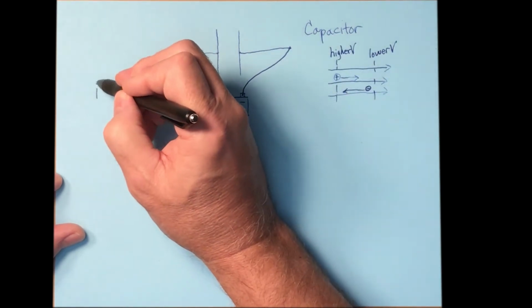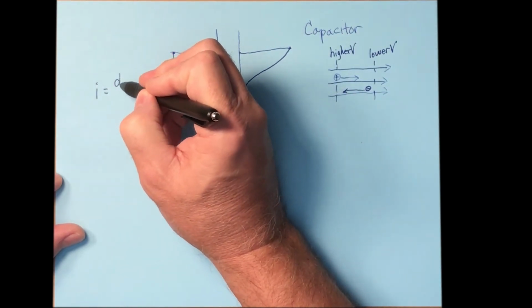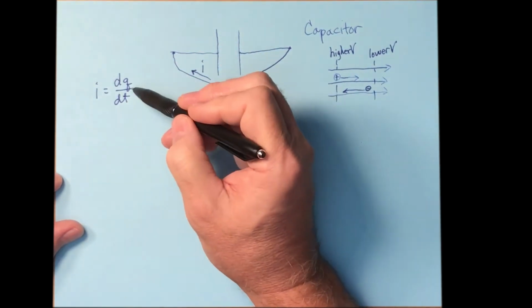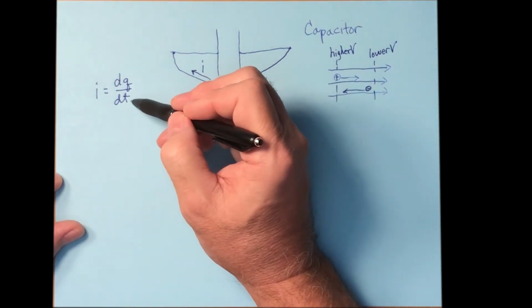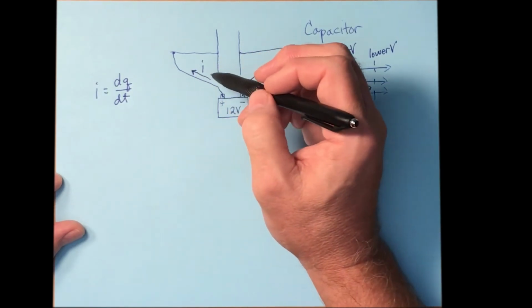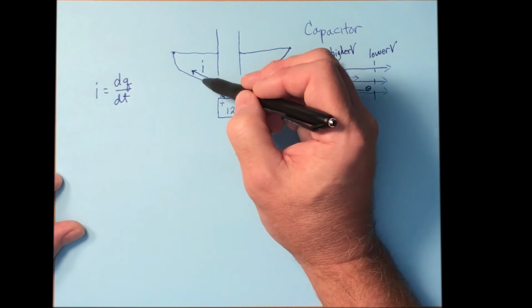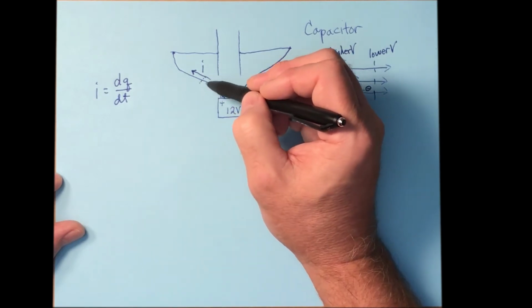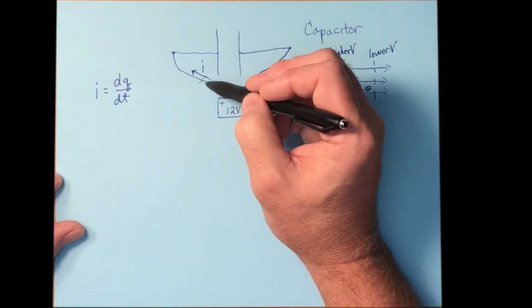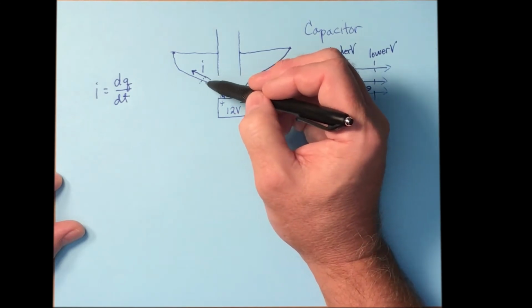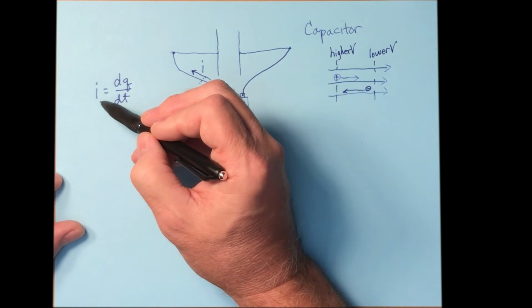And I is defined as dq/dt. dq is charge per time. So if you have a piece of wire and you have charges moving through it, let's say you set up a gate here and you're marking the number of charges that pass by in a second, the number of coulombs per second that pass by, that's what the current is.